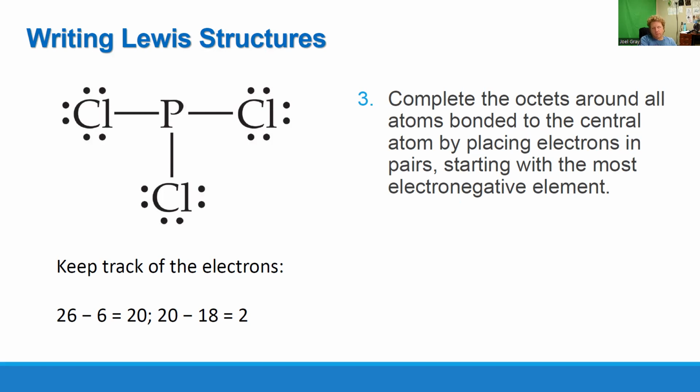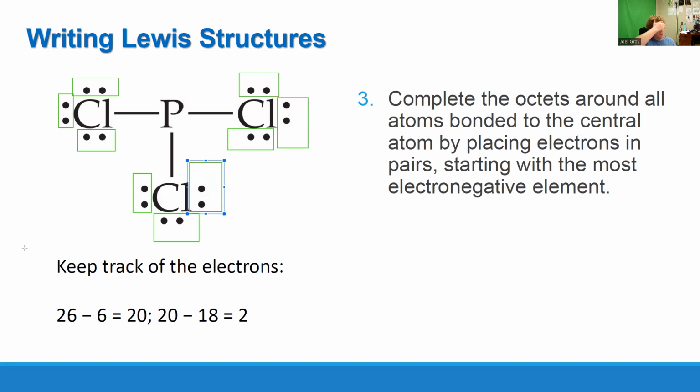Well, to draw the complete octet for chlorine, you just put electrons, electrons, electrons, boom, boom, boom, boom. So each one of our chlorines has 8 electrons around it.